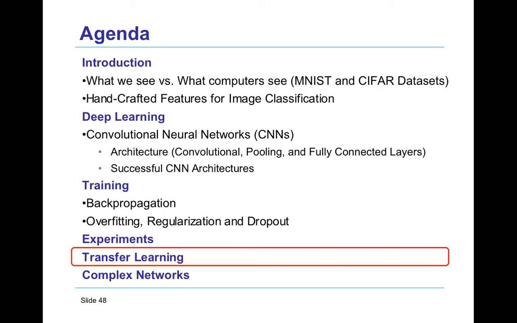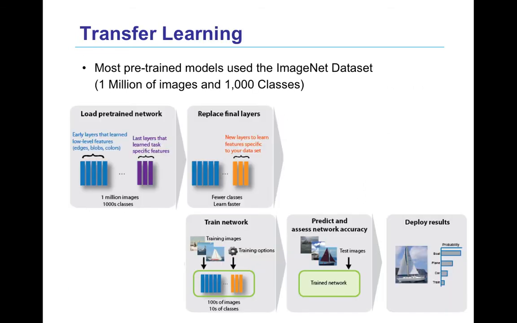To detect edges, for example, vertical and horizontal edges, they're going to be the same independent of the data set. So I can use that learning already, or that network that was trained on a specific data set, and fine-tune it. The way it goes is kind of like this.